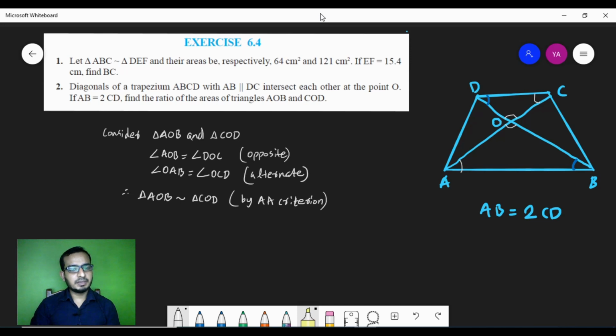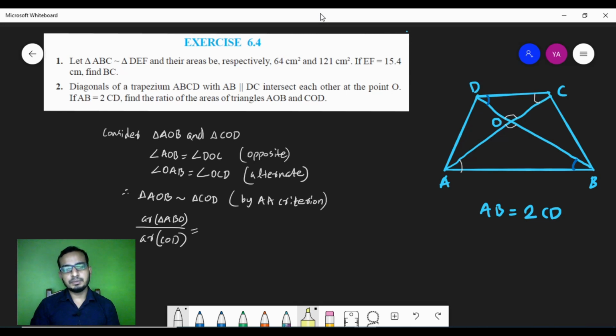Since they are similar, by applying our theorem, what will we get? The ratio of areas of these two triangles, that is area of triangle ABO by area of triangle COD, is equal to the squares of the ratios of corresponding sides.